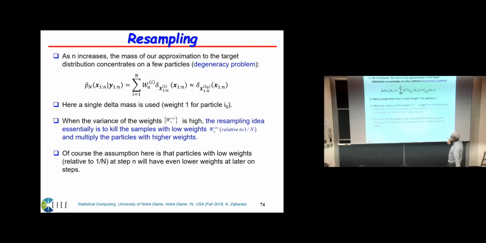Because effectively you're going to be left with only one particle. And with one particle, you don't make an approximation. So this can lead to issues of degeneracy that we will see. And I'm going to show you this with a little movie on Thursday, on how this issue becomes a significant complication in these dynamical systems.